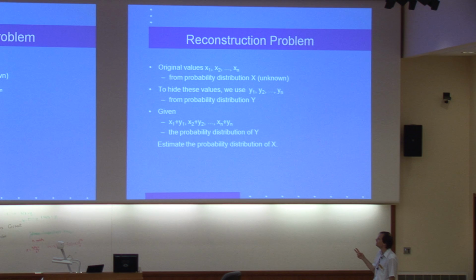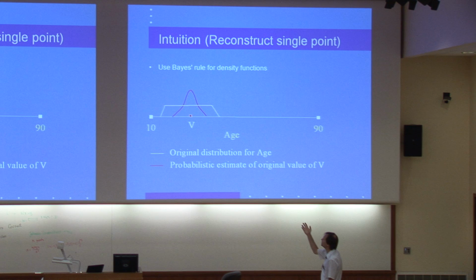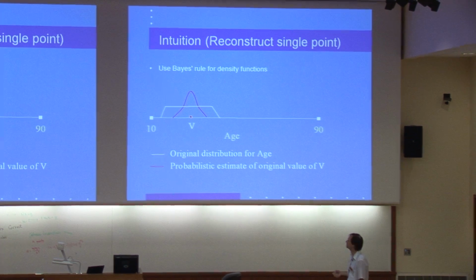So we know two things: we know each of the summed values, and we know the distribution that the y values come from. By using Bayes' rule, we can actually come up with that distribution. We can learn that distribution and still do no better than our original estimate of what the actual value is.